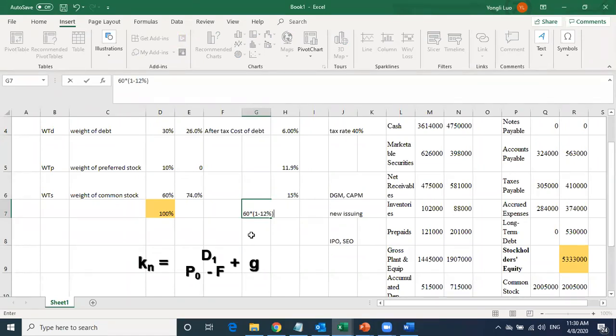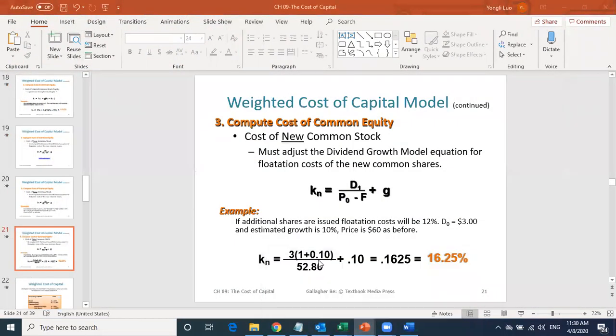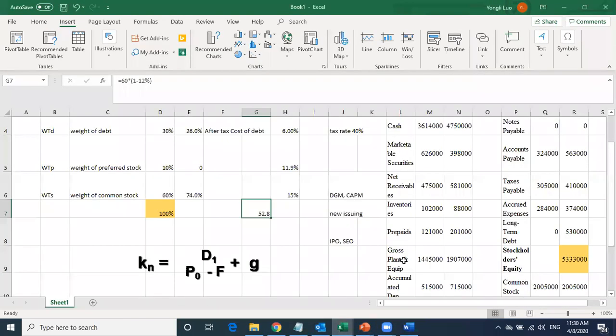When you do that, it's going to be $52.8. And then you add the dividend growth rate, which is 10%. That's the cost of issuing new stock, 16.25%. It's even higher.